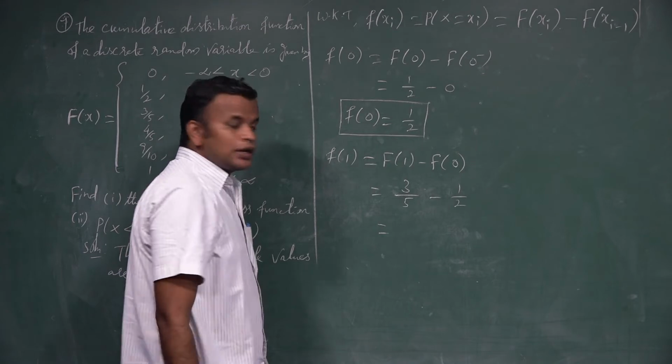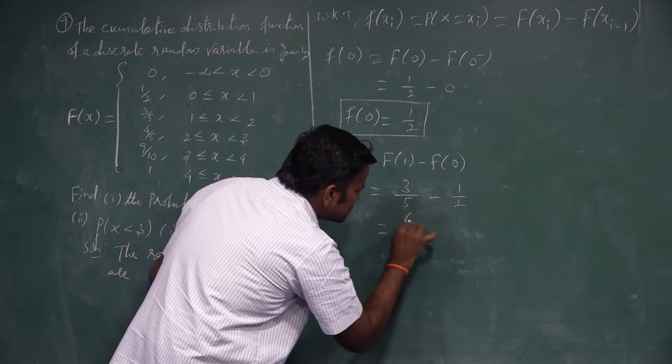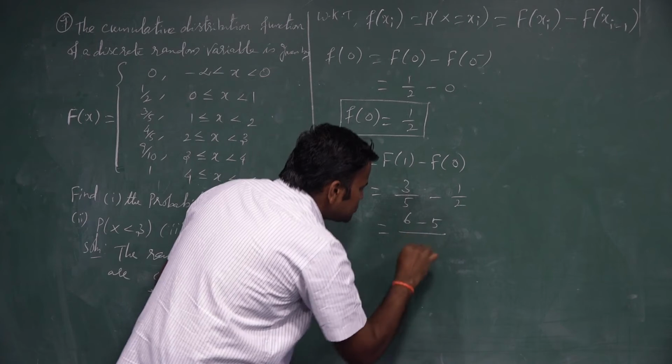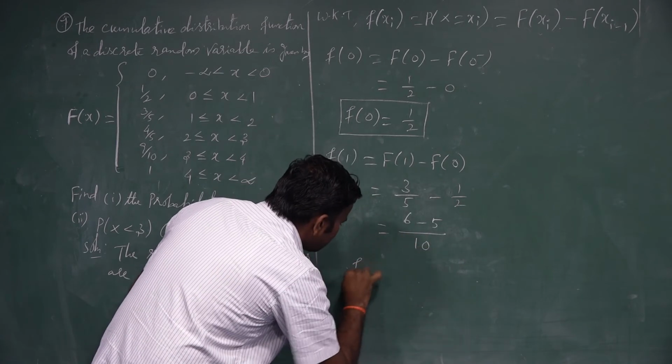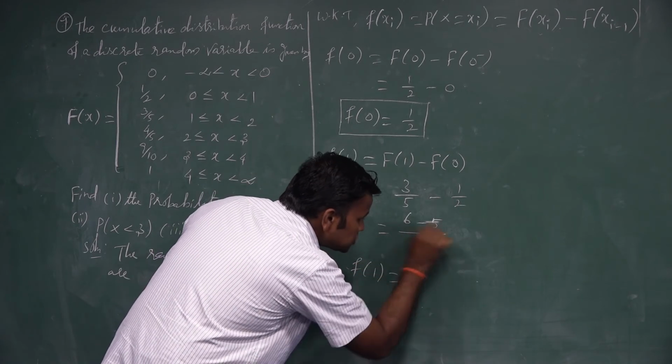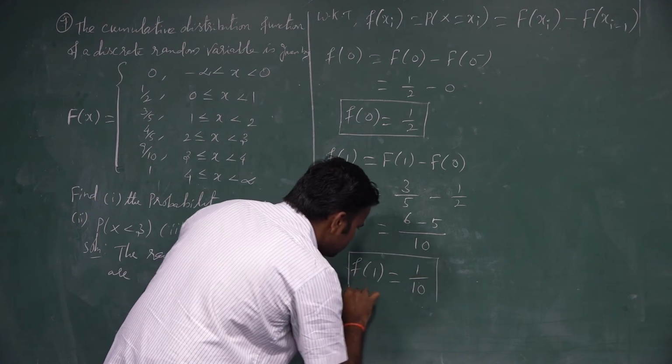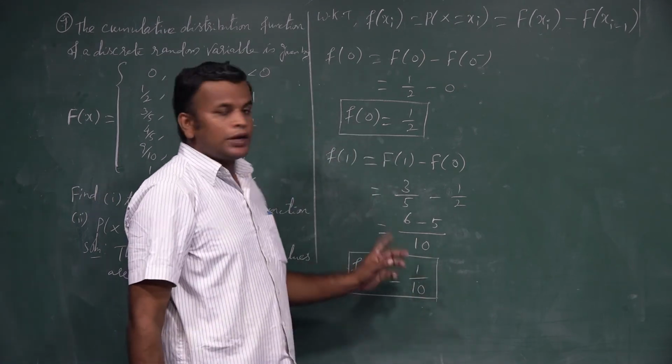We cross multiply: 2 3s are 6 minus 5 1s are 5, divided by 5 2s are 10. So f of 1 is 6 minus 5, which is 1 by 10.